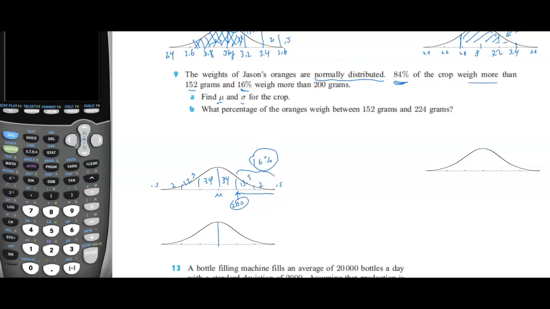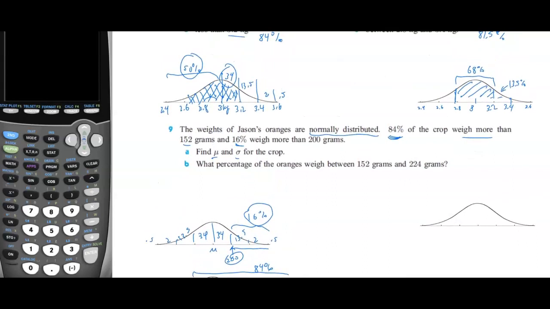84% of the crop weigh more than 152. So let's see, 84 would be 34 plus 34 plus 13.5 plus 2 plus 0.5. If we add all of these together, it would be 84%. Do you remember from the last problem? 50% plus 34% is 84%.